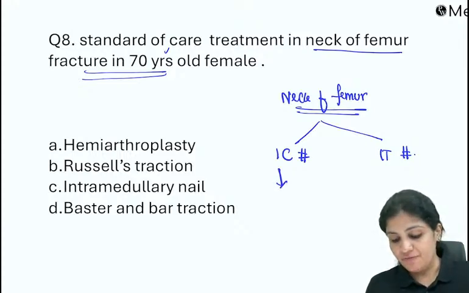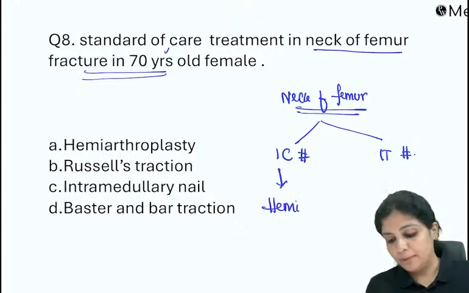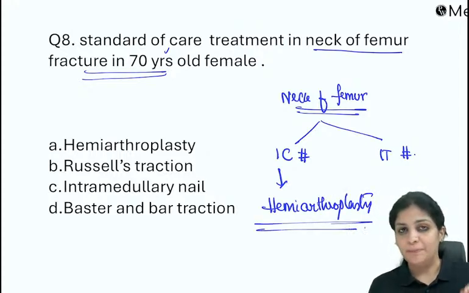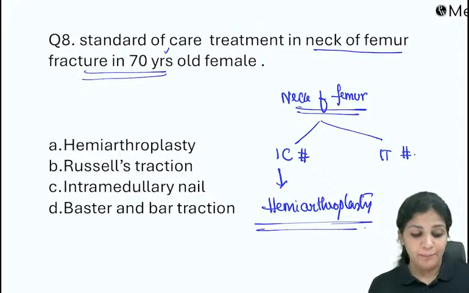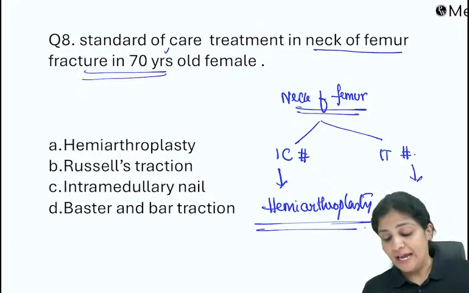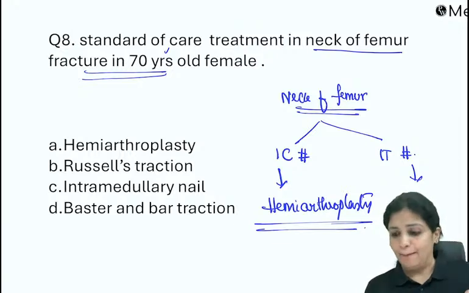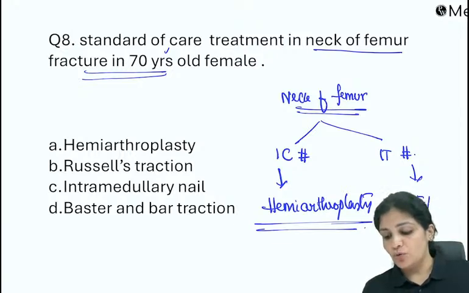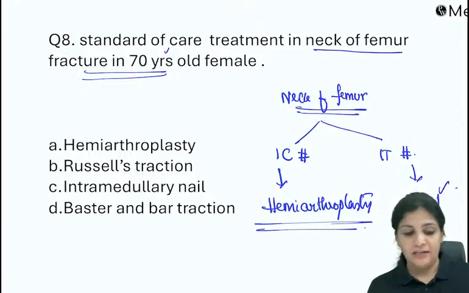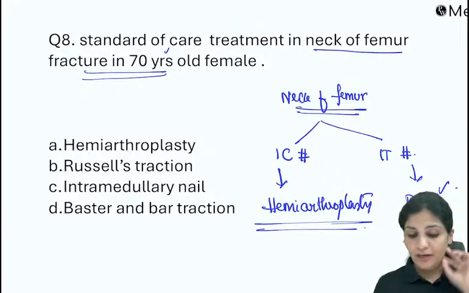If it is an IC fracture, go for hemiarthroplasty, because already we know that this is an area for non-union. So you're going to replace the head, which is called hemiarthroplasty. If it is an IT fracture, you have to fix it. The head is quite happy, nothing to do with the head. So you go for PFN, that is proximal femoral nailing.